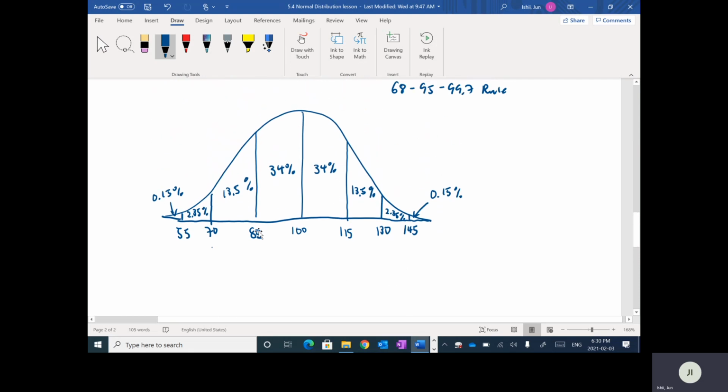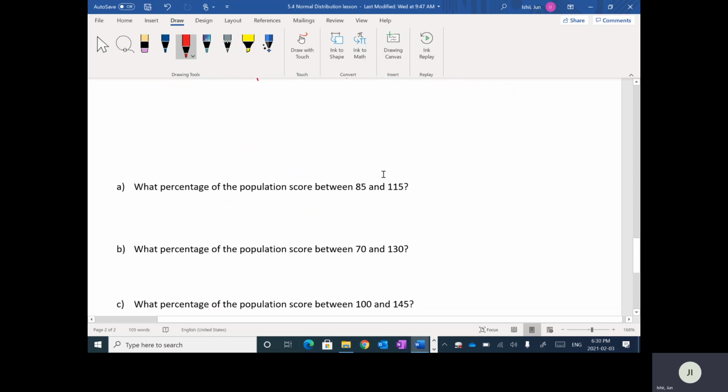All right, so from 85, just gonna use a red pen here. From 85 to 115, we already know through the rule that it's 68%. You can also add up these two here. All right, so the answer to this is basically it's asking you how much of the population is within one standard deviation. All right, so that's 68%.